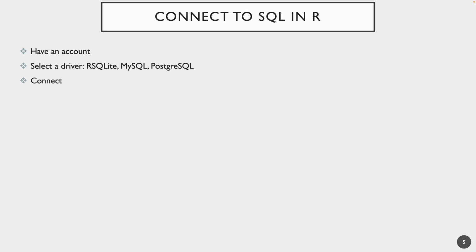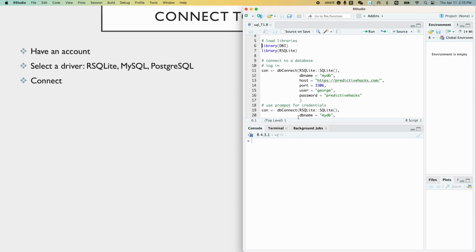To connect to a SQL database, first we always need an account with the account name and the password. Then we also need to specify what driver we want to use in order to access the SQL database. Then with those configurations, we can set up the connection with SQL and do whatever we want, and at the end we need to disconnect from the SQL connection.